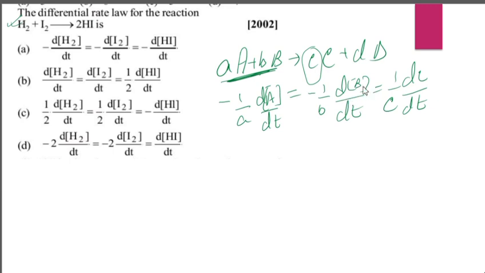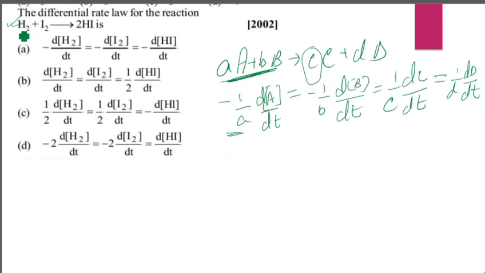The product isn't decreasing, so we won't put a minus sign, and it will be equal to 1 upon d dD by dt. So when they ask us to find the differential equation, we put the stoichiometric coefficient before the element in the denominator, and put minus or plus depending on whether it's a reactant or a product.